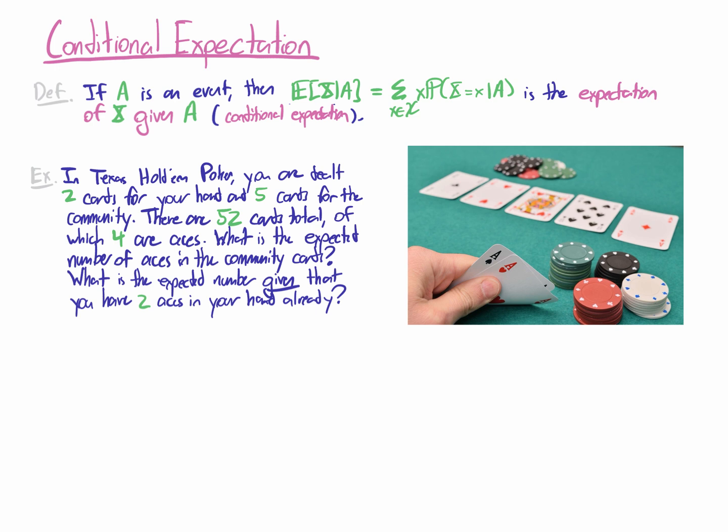Okay, let's see if we can figure this out. Let X sub i, I'm going to use an indicator random variable here. Let X sub i be an indicator of the event that the ith community card is an ace.